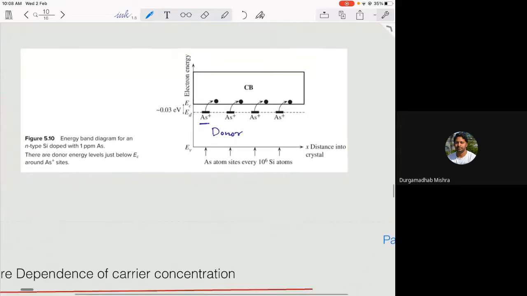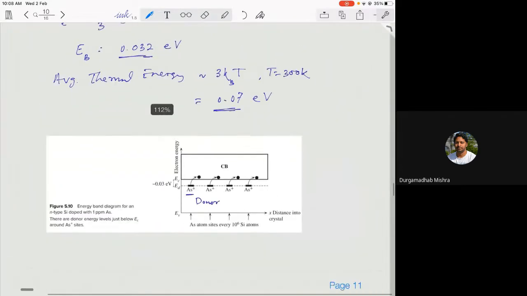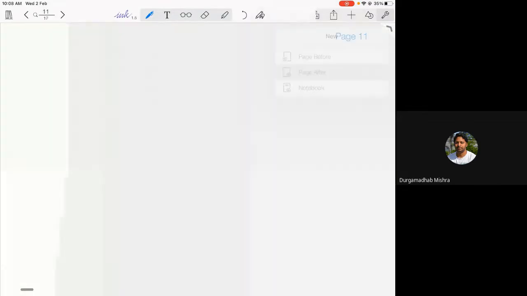Now let's say we have Nd, which is equal to the number of dopants per unit volume, or the dopant concentration.